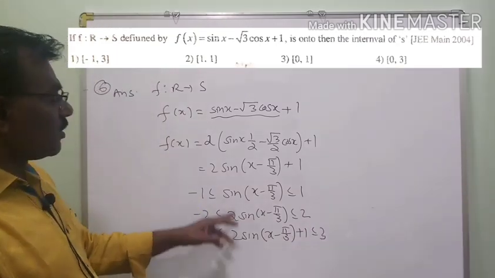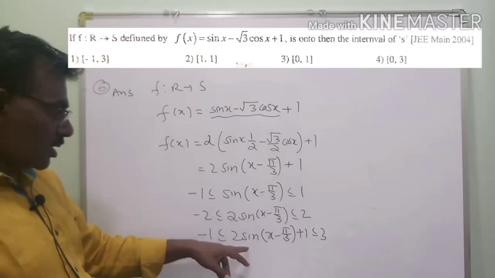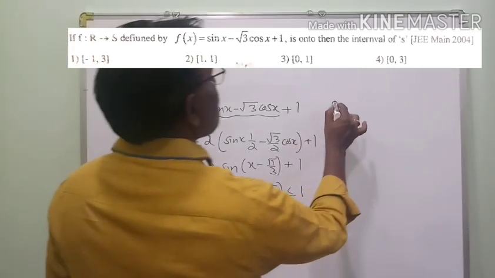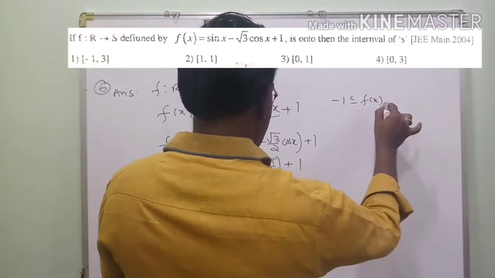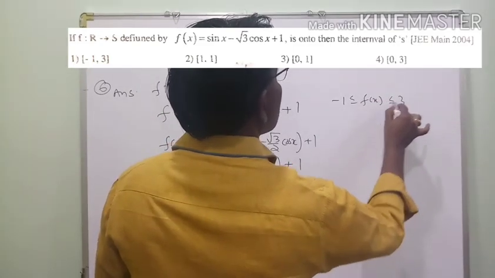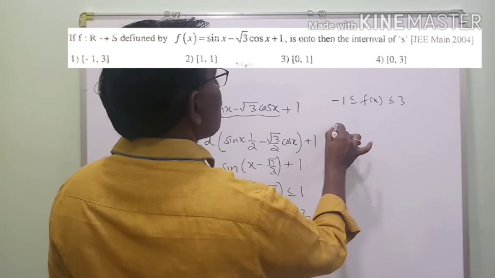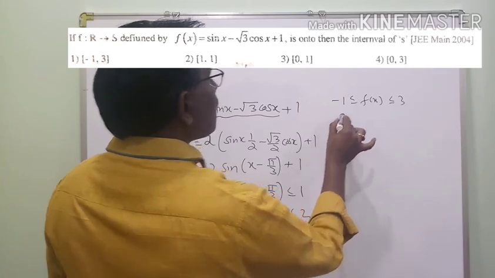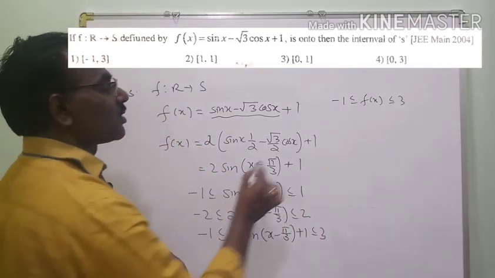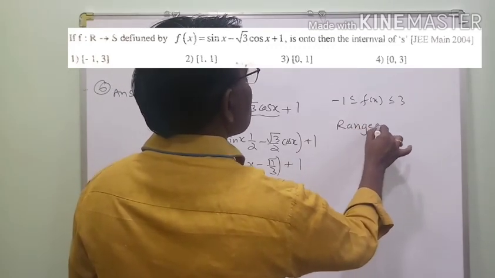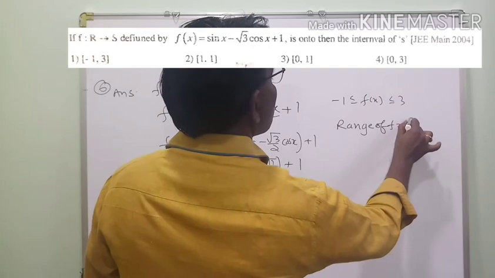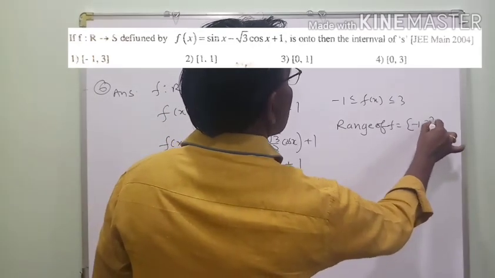So f of x lies between minus 1 and 3. Range of f is equal to minus 1 to 3.